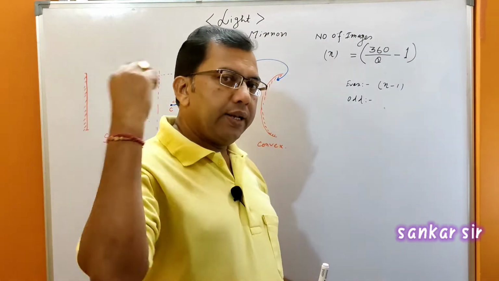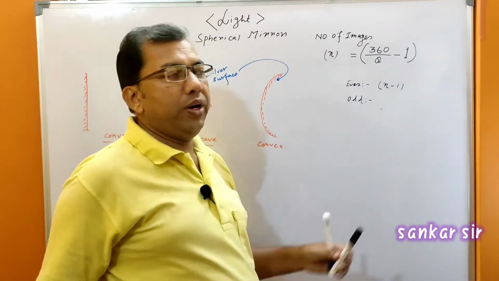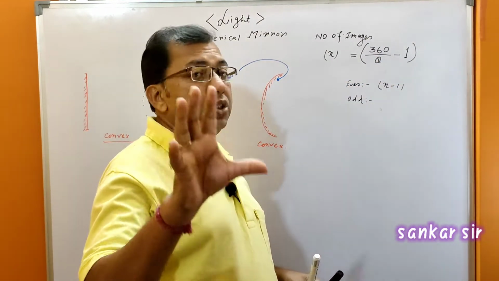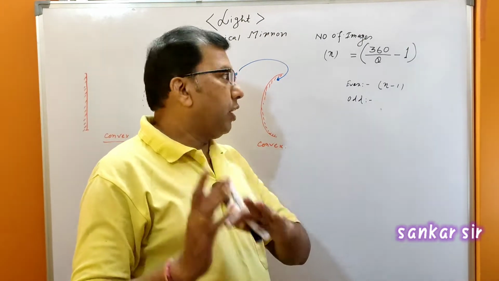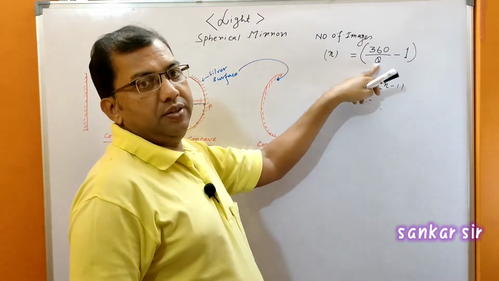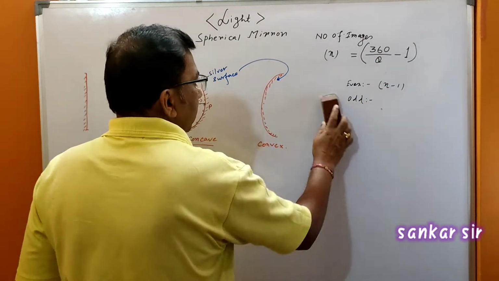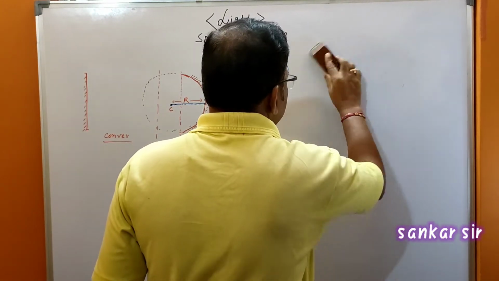So at any angle you apply this formula: 360 by theta minus 1 is the number of images formed by two plane mirrors kept at a particular angle theta. Clear?